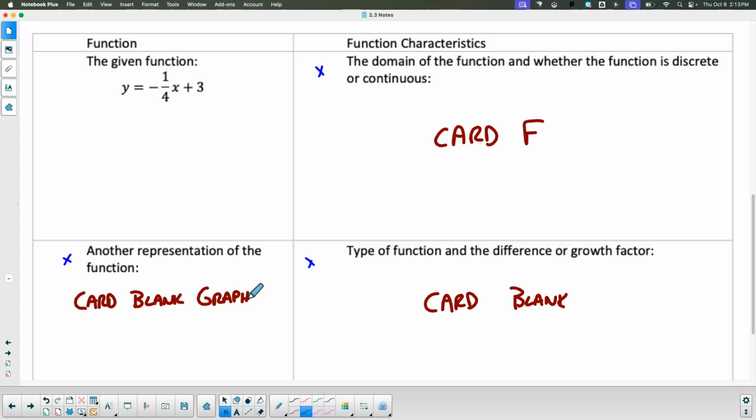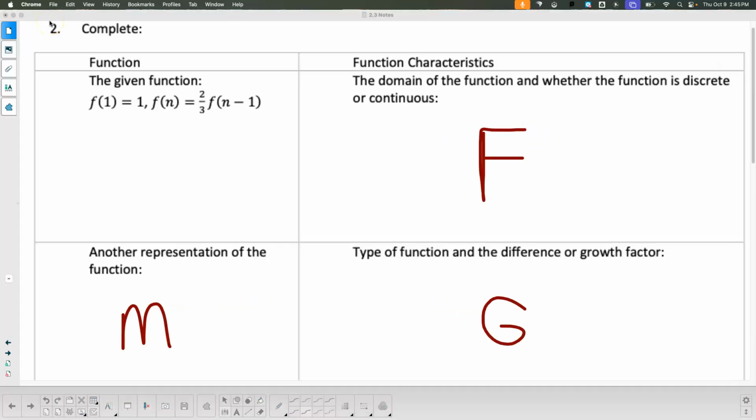No, you will not. Yep, you will not use it again. Agree? For number 2.